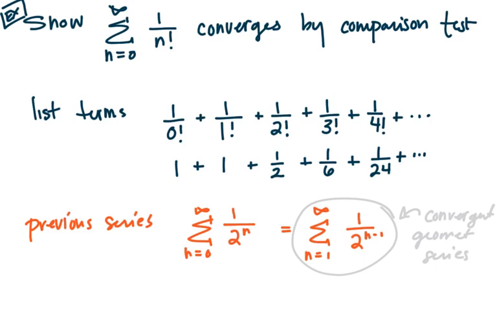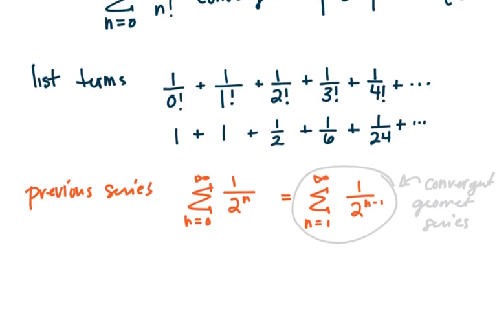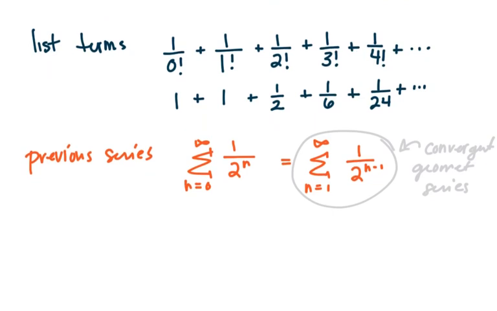We did that previously. And what might our terms here look like? We would have 1 plus 1/2 plus 1/4 plus 1/8. So they're all smaller except for those first two.